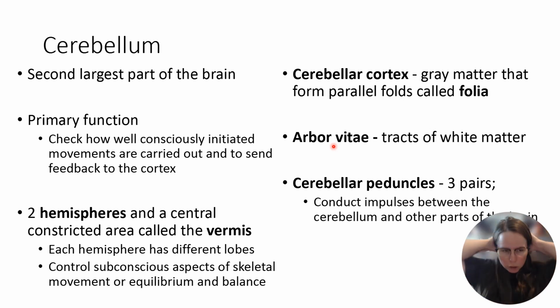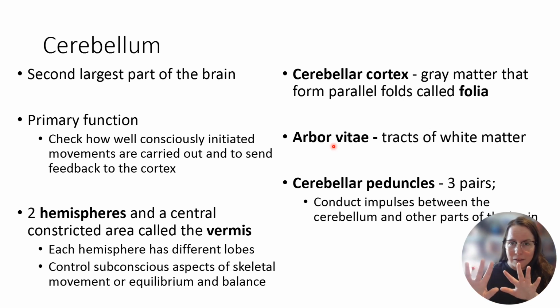Now, the major function of your cerebellum is to monitor your conscious motor function. So if you want your hands to do this, it's making sure that the output is what the input wanted, right? And it sends feedback to other places of the brain to help modulate the movement.